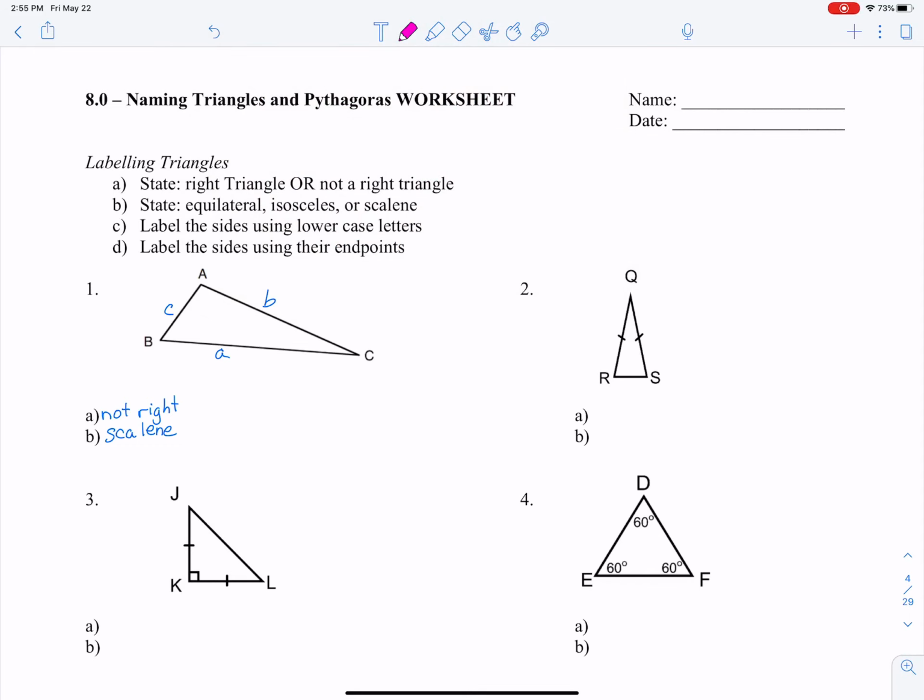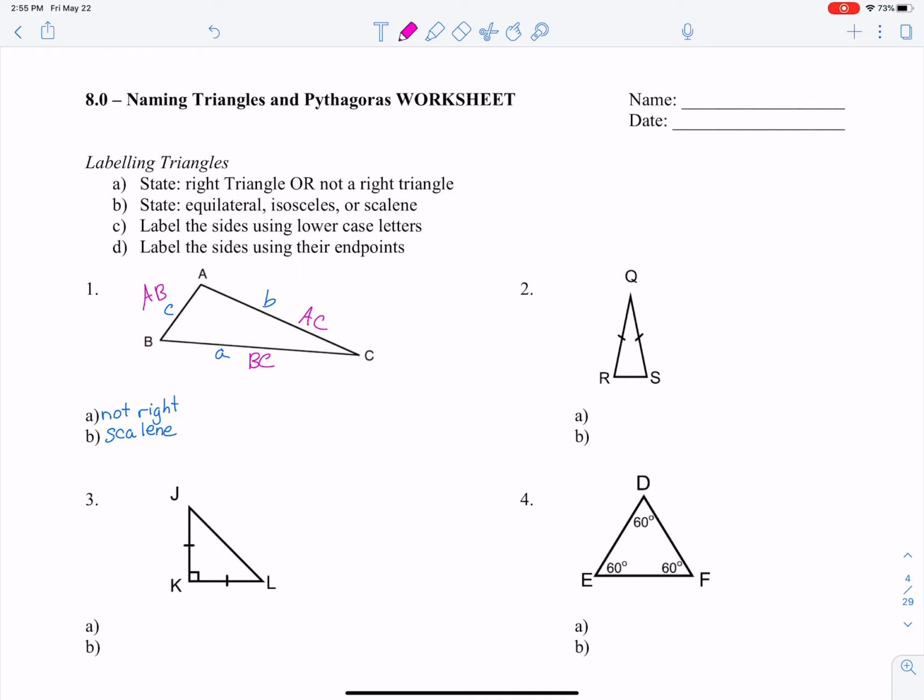It says label the sides using their endpoints. So this one here could be called BC. This one here could be called AB. Could also call it BA, but I'm just putting them in alphabetical order. And then this one could be called AC.